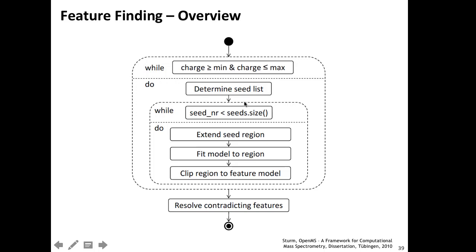And what we do is we start with a seed list, and the seeds are just peaks that have a high enough intensity. Around these seeds, we then look at the other peaks. We extend the region. That means we go up and down in retention time and M/Z and collect peaks that have sufficiently high intensities.